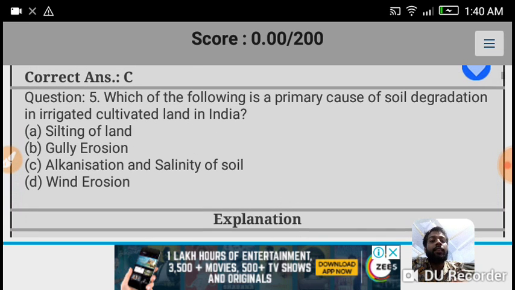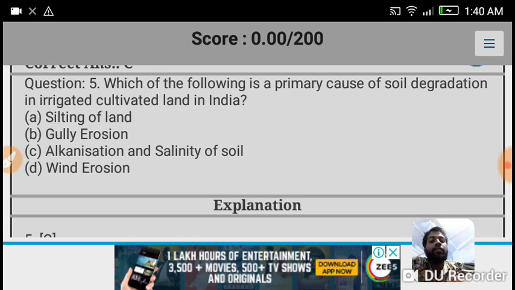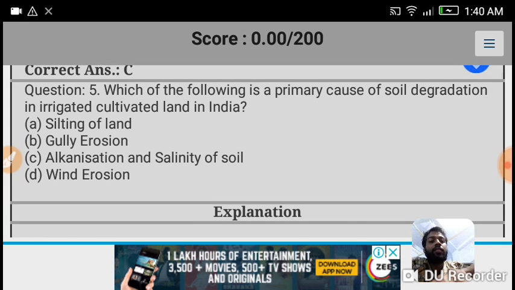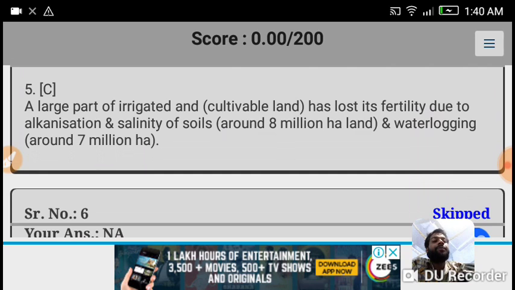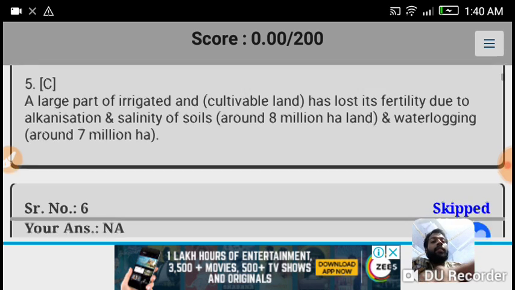Others like silting of land, gully erosion, and wind erosion are not correct as the primary cause. It is alkalization and salinity of soil. A large part of irrigated and cultivated land has lost its fertility due to alkalization and salinity of soils, around 8 million hectares, and water logging around 7 million hectares.